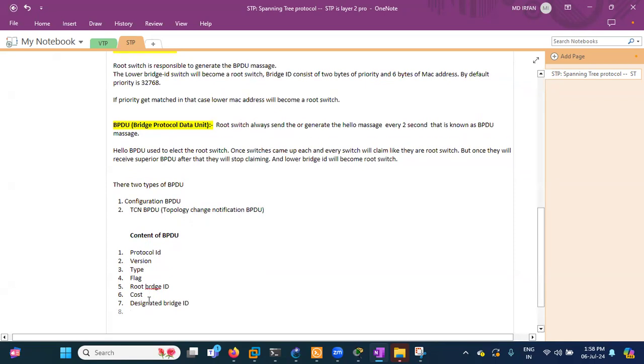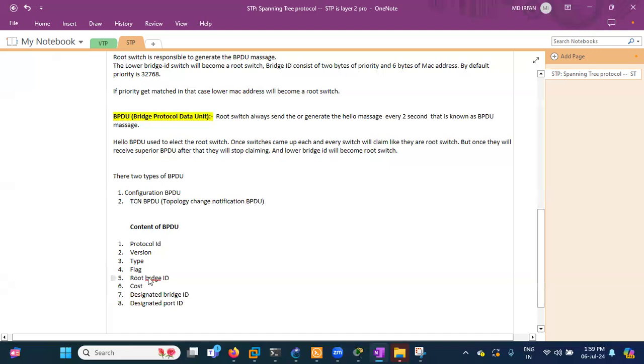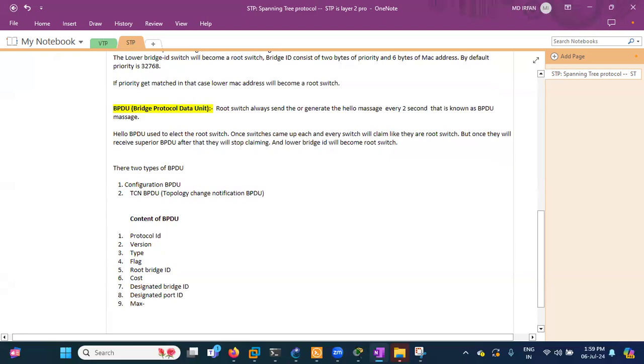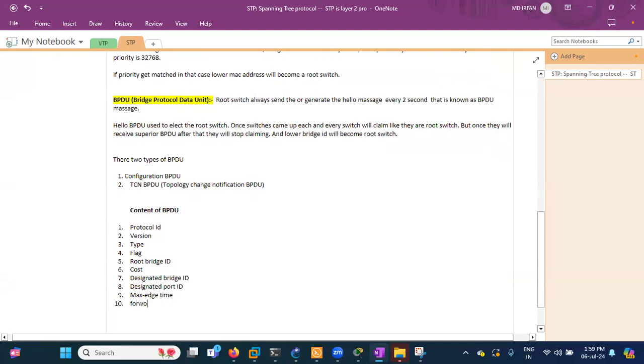Eight, designated port ID. Then nine, max age time. Ten, forward delay timer.